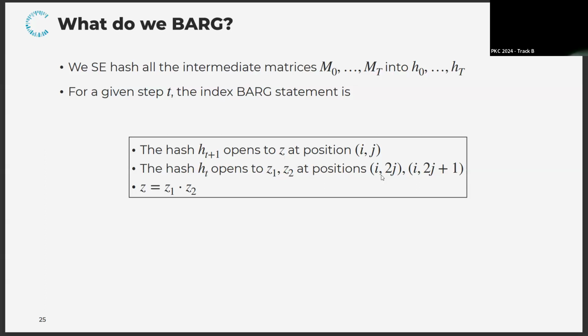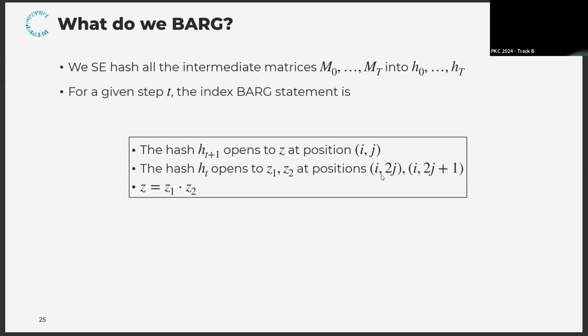And for any time step t, our BARG statement is that the matrix obtained at step t plus 1 is just the product of the two columns of the matrix at time step t.